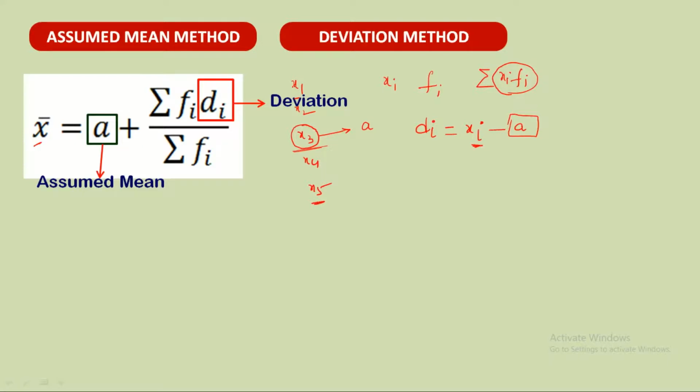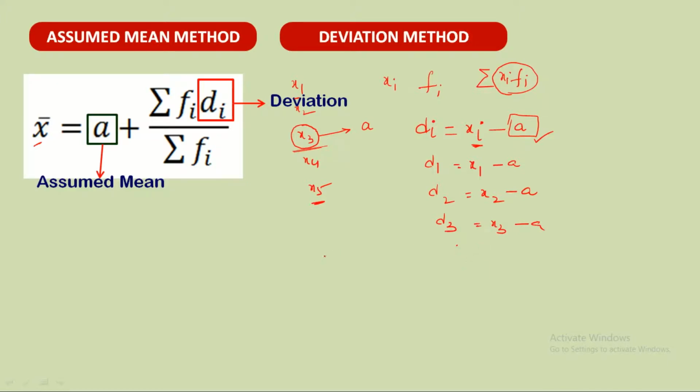From each class mark we subtract the assumed value so that we get the d values, that is, deviation values. For example, d1 is x1 minus a, d2 is x2 minus a, d3 is x3 minus a, and so on.